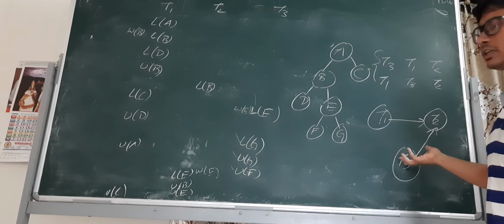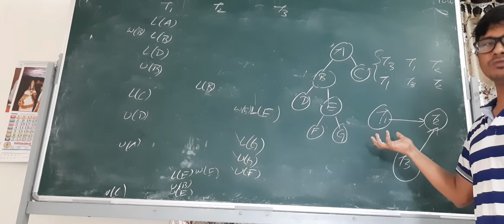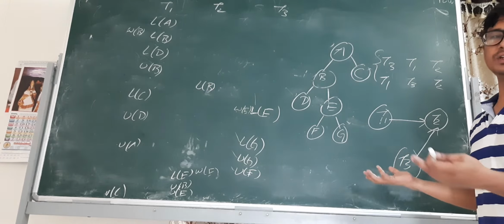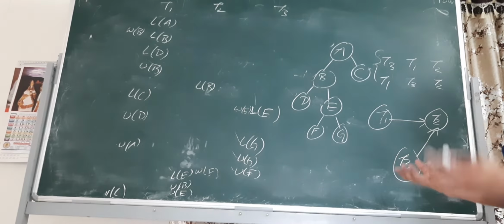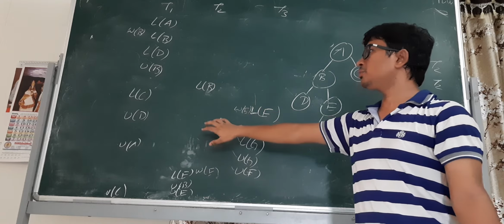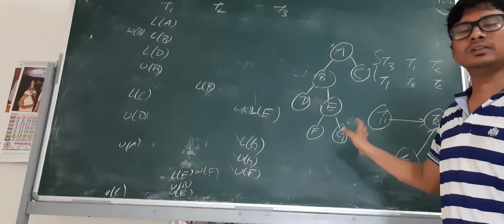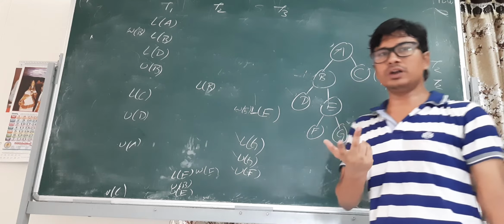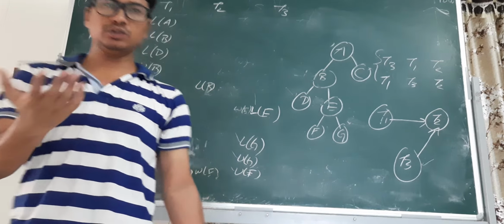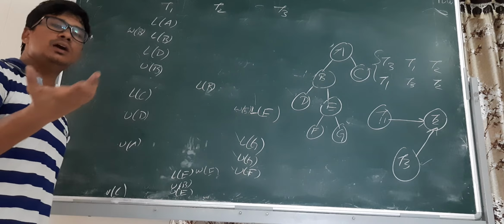If a schedule is conflict equivalent or view equivalent, I can say that it is serializable. So all the graph based protocols achieve serializability and they are deadlock free. These are the advantages of the graph based protocols: they ensure serializability and they are deadlock free.